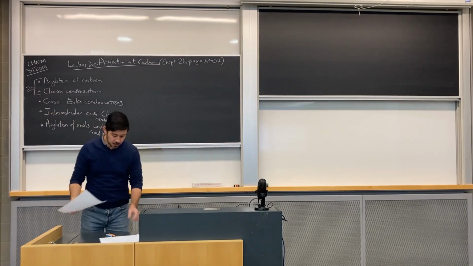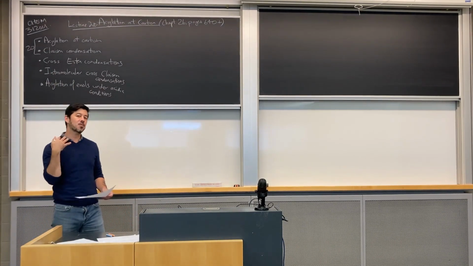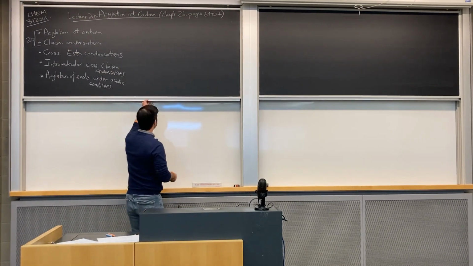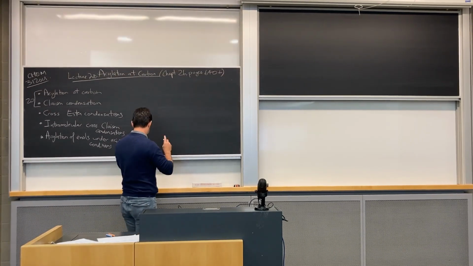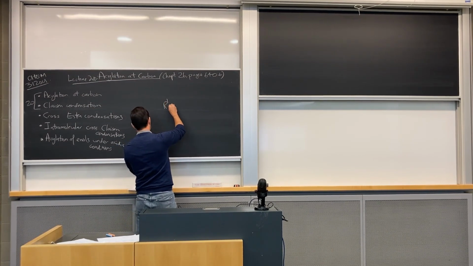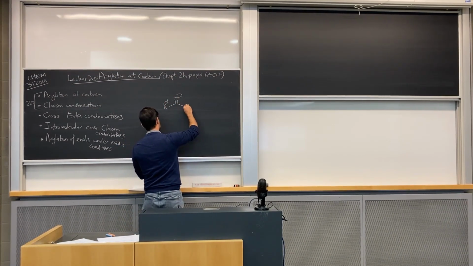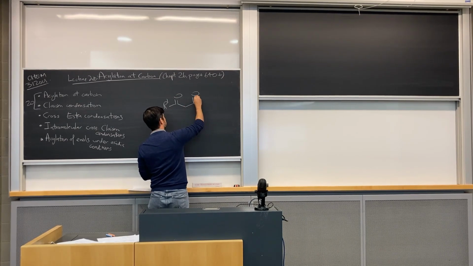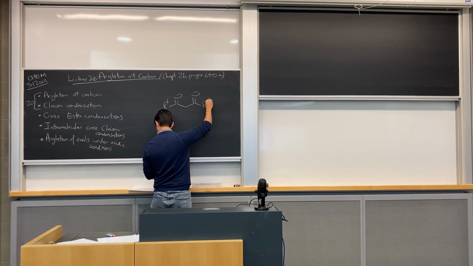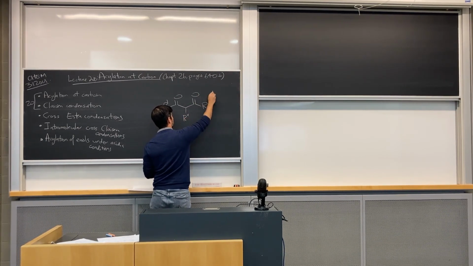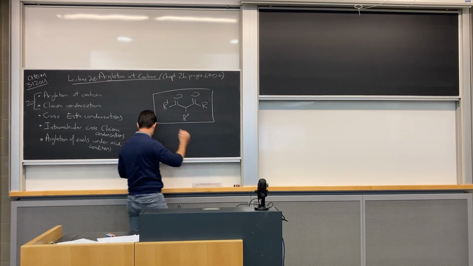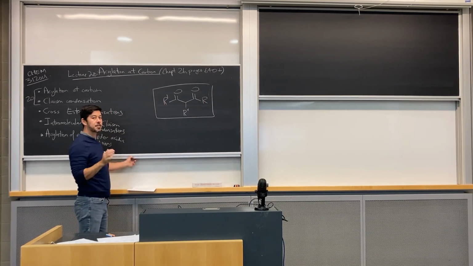Okay, so let's talk a little bit about acylation of carbon and what that means. So let's say we wanted to make this compound here. Let's think of how we can make this compound using an enolate strategy and using an acylating partner as the electrophile.